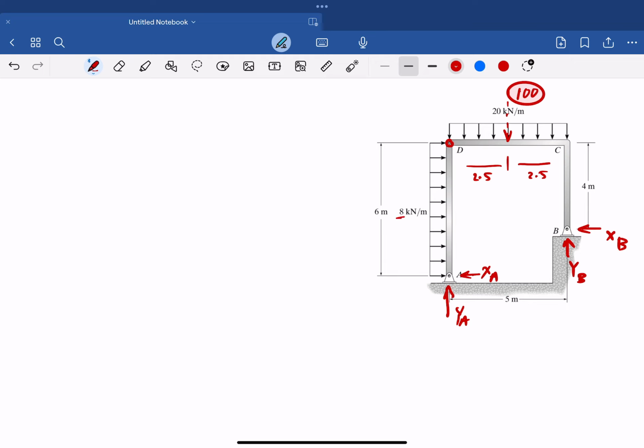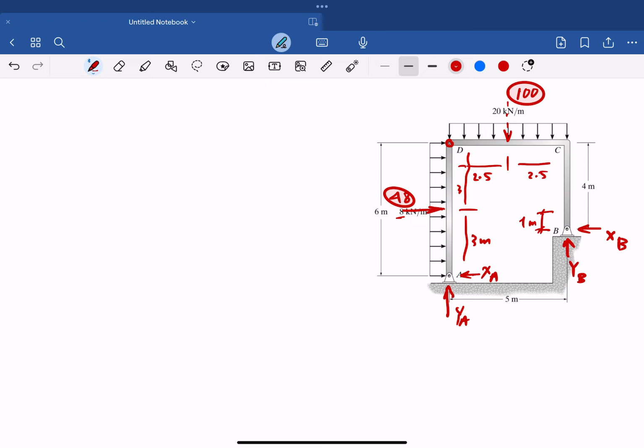Again, also this is 8 times 6 equals 48 at also the middle, so this is 48 at the middle, and the distance here will be as 3 meters, and also from the top 3 meters. If this is 3 meters and this is 4 meters, so this distance here will be 1 meter. We will need also this distance to get the reactions.